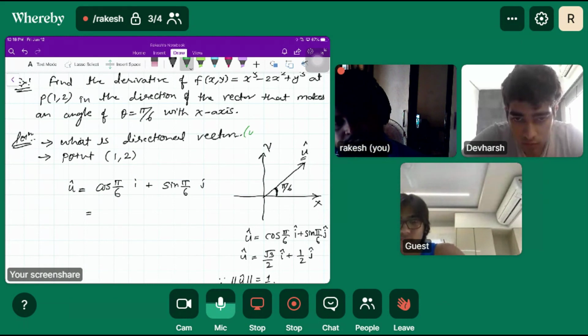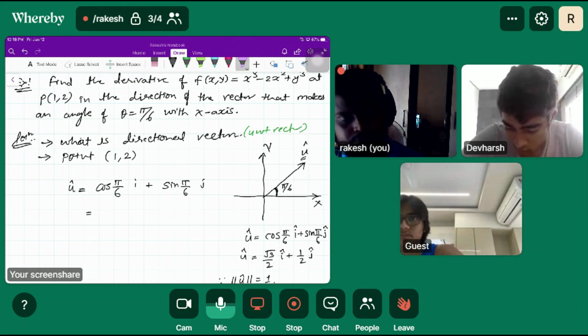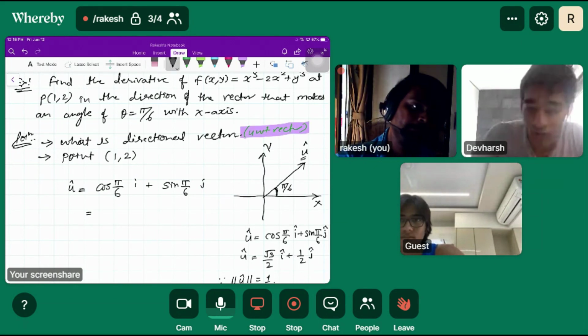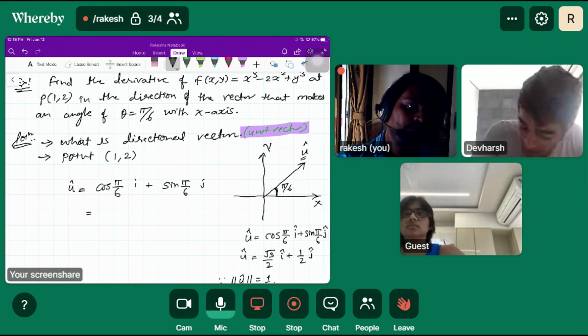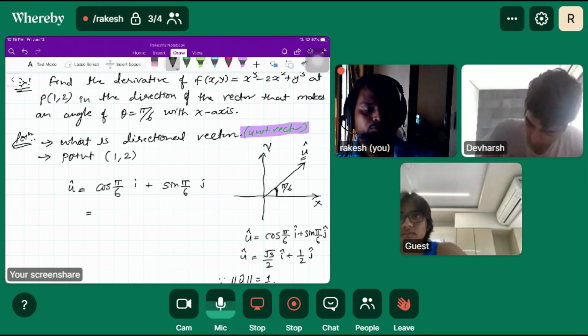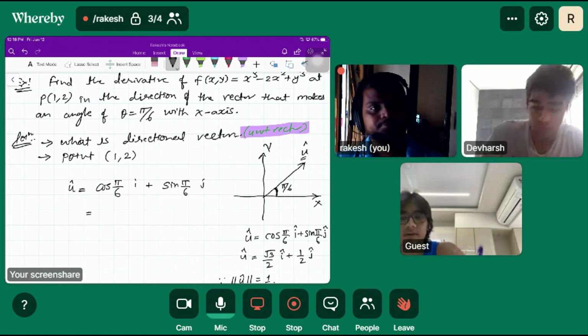Okay, remember that. It's very important. So I found the calculation mistake I made. You were saying 2 by root 3, but actually the value of cos pi by 6 is root 3 by 2.